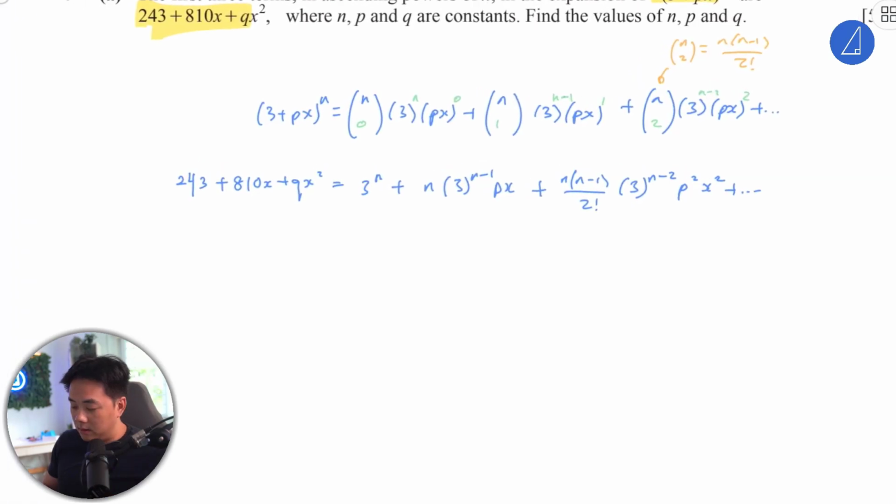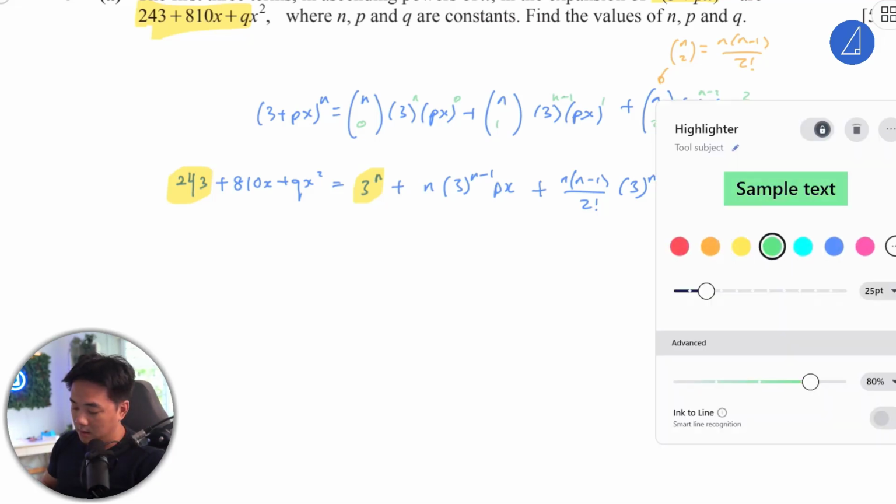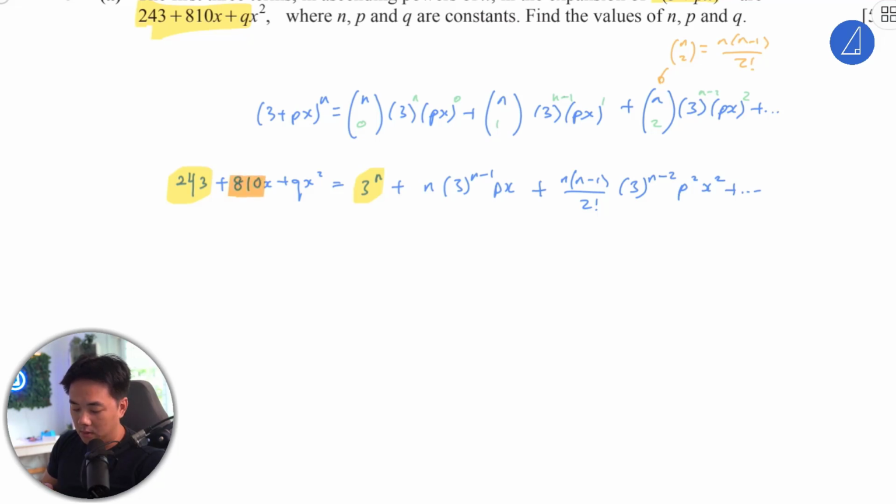From the get-go, we know 243 will be equal to 3^n. Then 810 is n multiplied by 3 to the power n minus 1 multiplied by p.